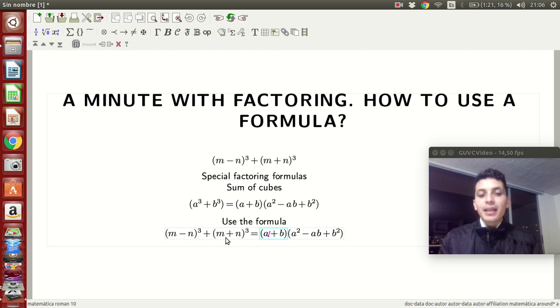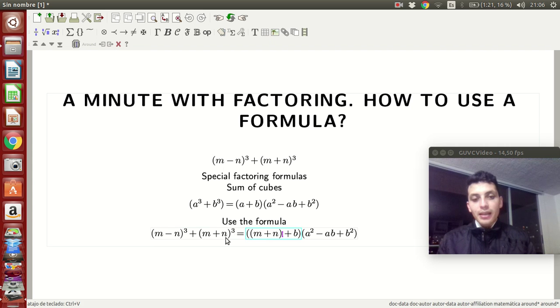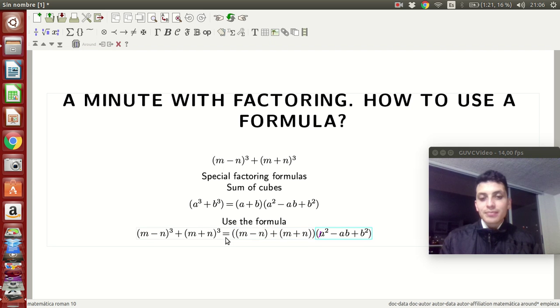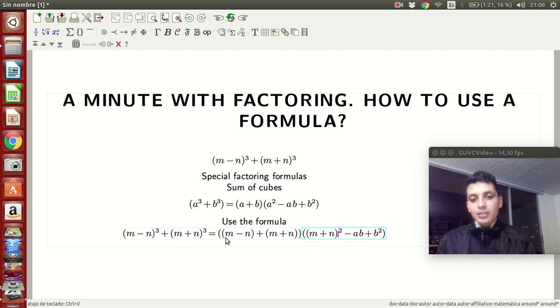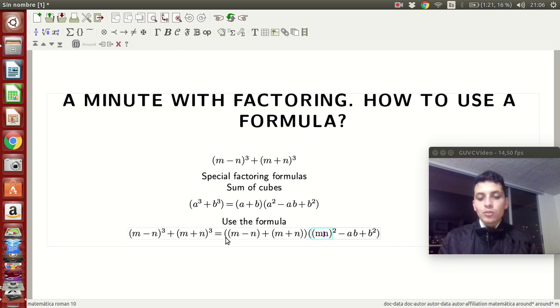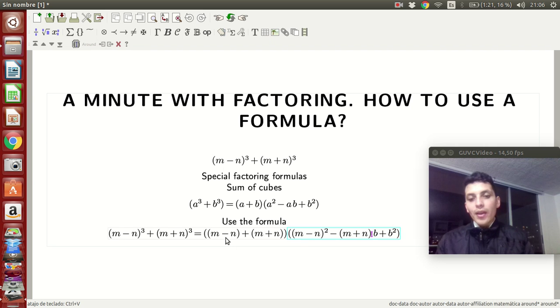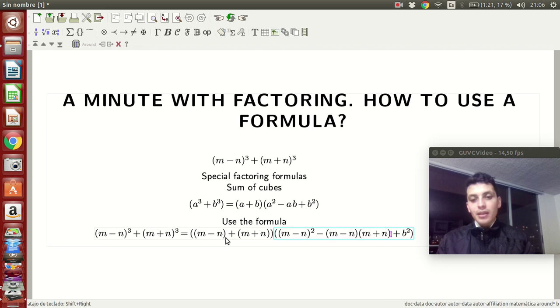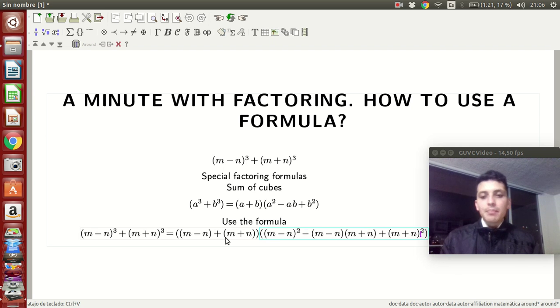And we have a plus b, so a is m minus n, and b is m plus n. Here we have a squared, so m minus n to the second power, minus ab, so m minus n times m plus n, plus b squared, m plus n to the second power.